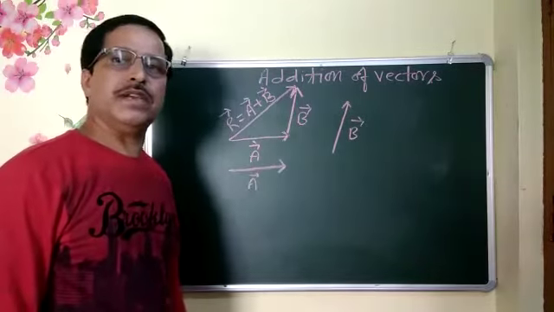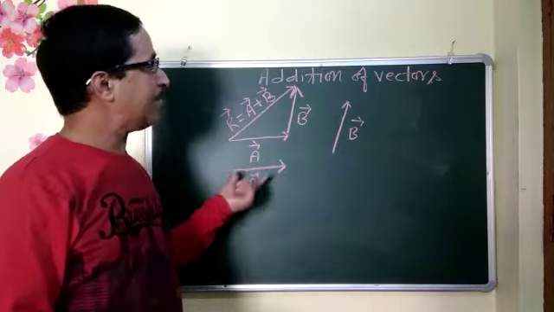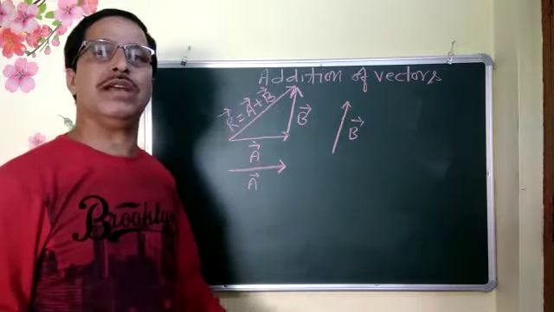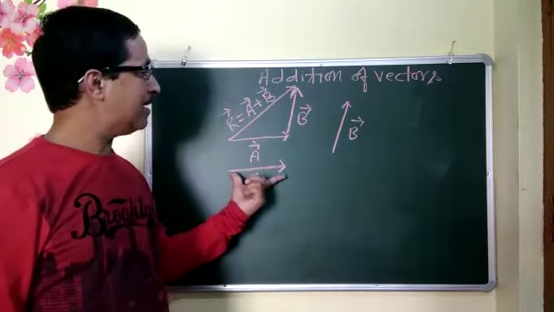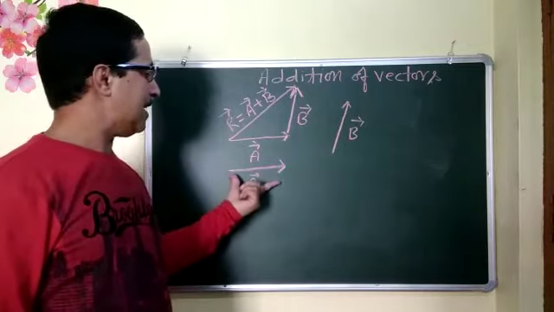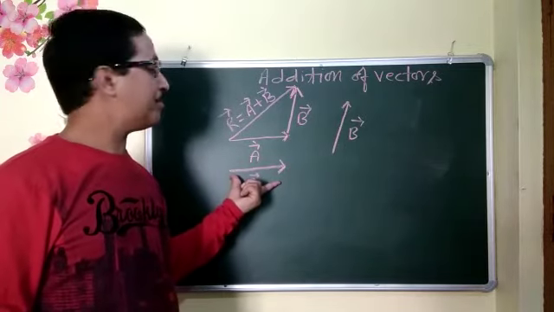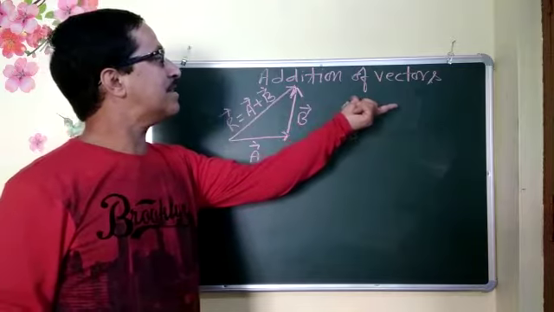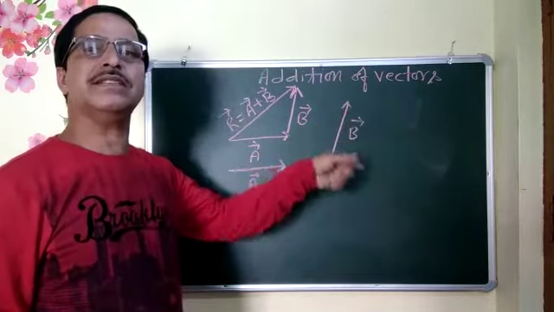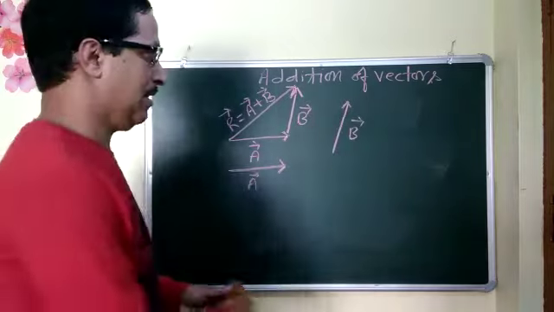Now suppose instead of getting A plus B, we have to get B plus A, then what will happen? Then we will keep the vector B as such, take vector A and attach its tail to the head of B without changing its direction and magnitude.